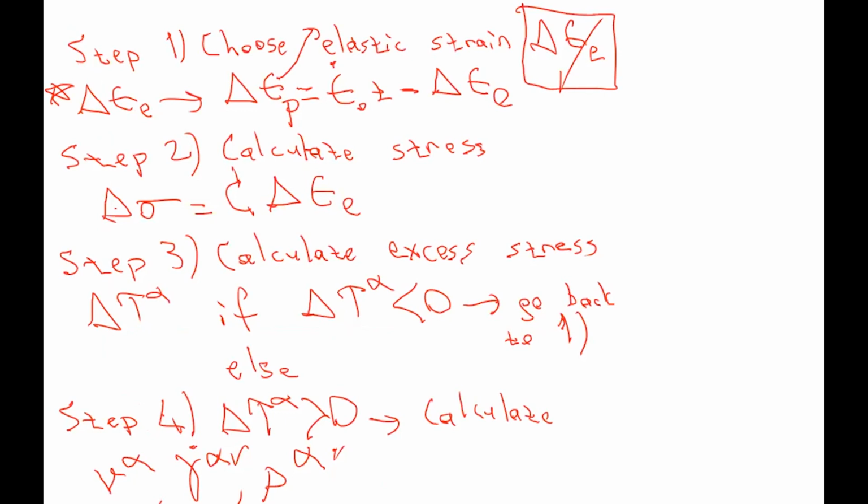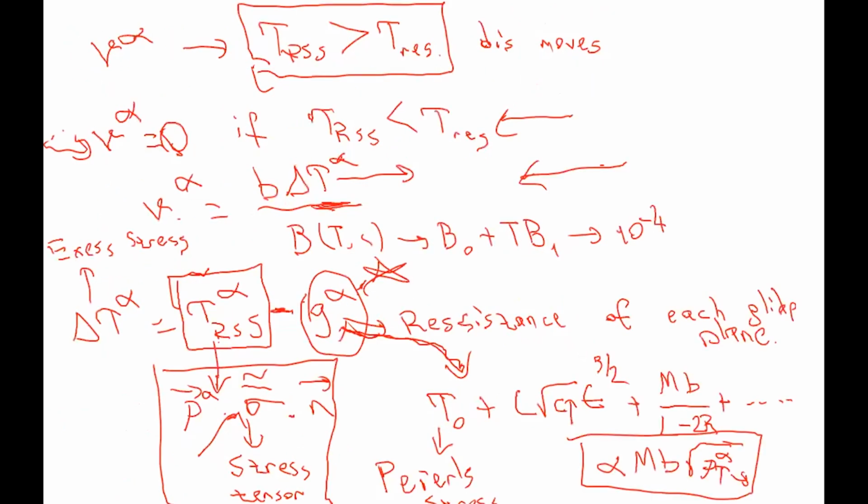Then, once you check your tau, you calculate your tau, right? You need to calculate this excess stress till the lattice resistance, till we get positive values, we are in the elastic region.